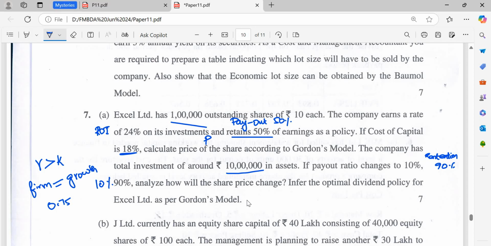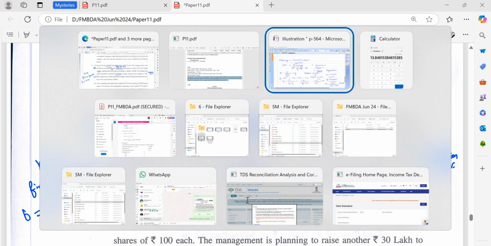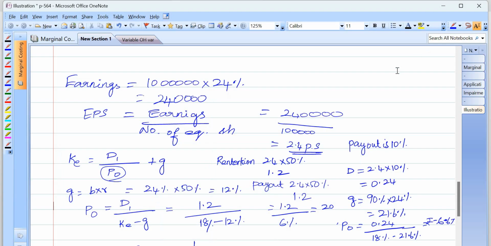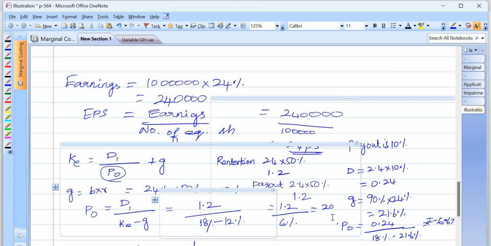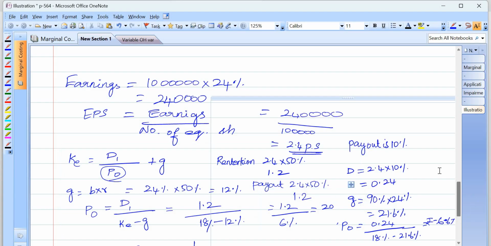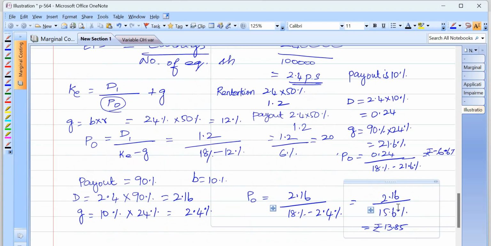So maximum retention ratio always should be lower than 0.75. So you can see in this case itself, if my retention ratio is less than 75%. So in first case, it is 50% my retention ratio. So my price of the stock is 20 rupees. In second case, retention ratio is more than 0.75. So my price of the stock is decreasing.